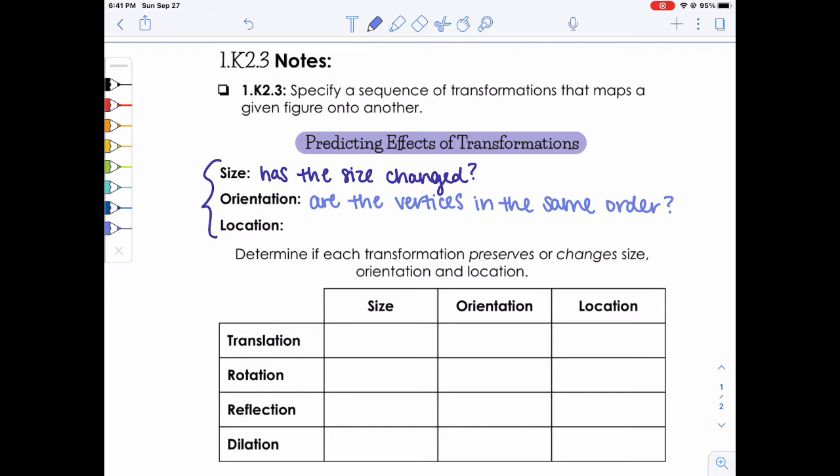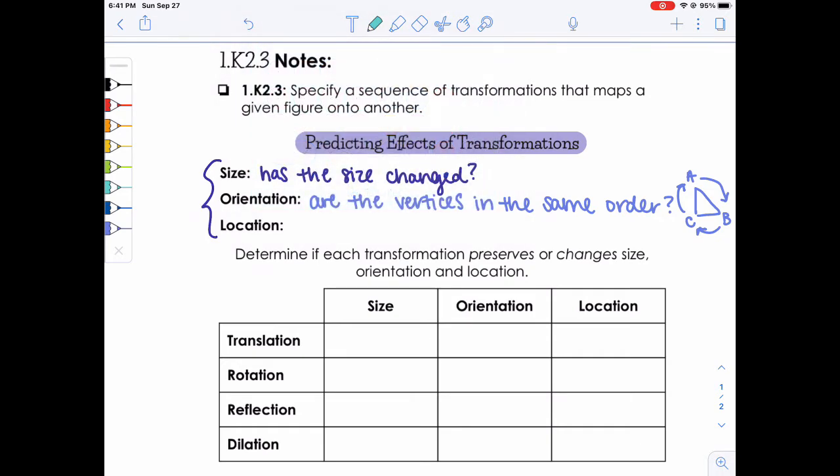For example, we could have a little triangle with vertices A, B, and C. We want to know if we reflect it, would they be in that same order? Make sure we go the same way. So if you're looking clockwise the first time, make sure you go clockwise after it has been transformed as well.